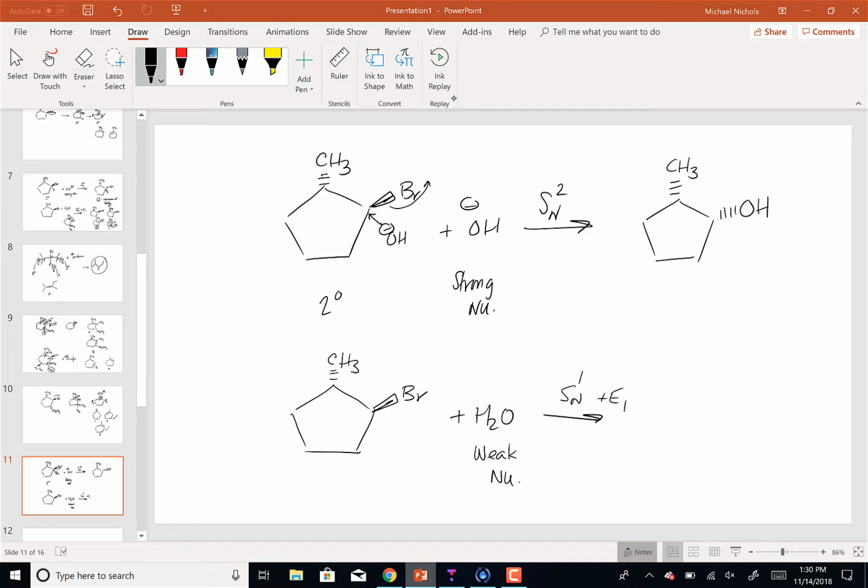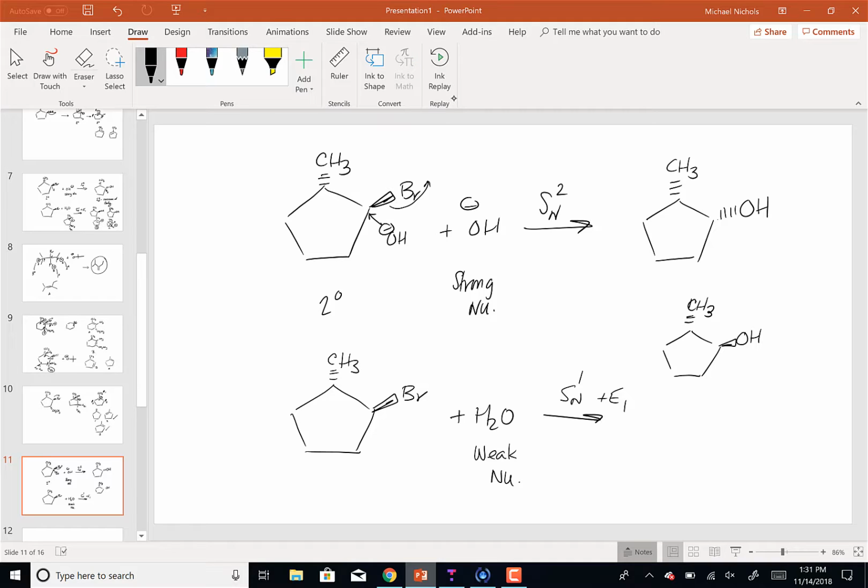So if I go back to my products, we need to know what happens. Let's just draw out the structure of the SN1. When water reacts, what's going to be left over at the end? What am I substituting bromine with? An OH. What wedge?